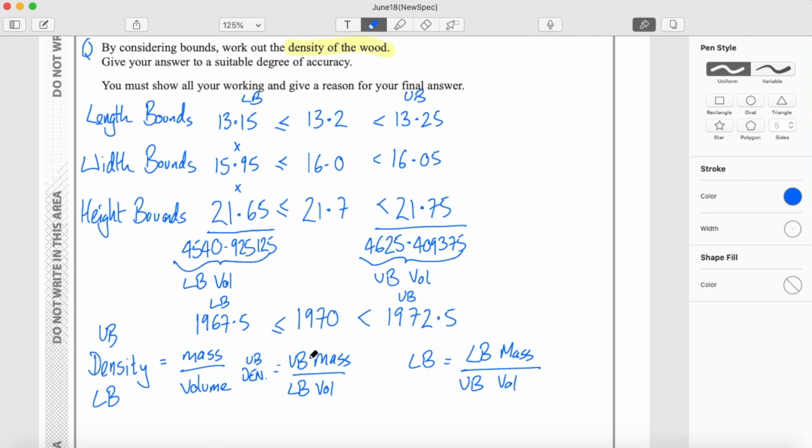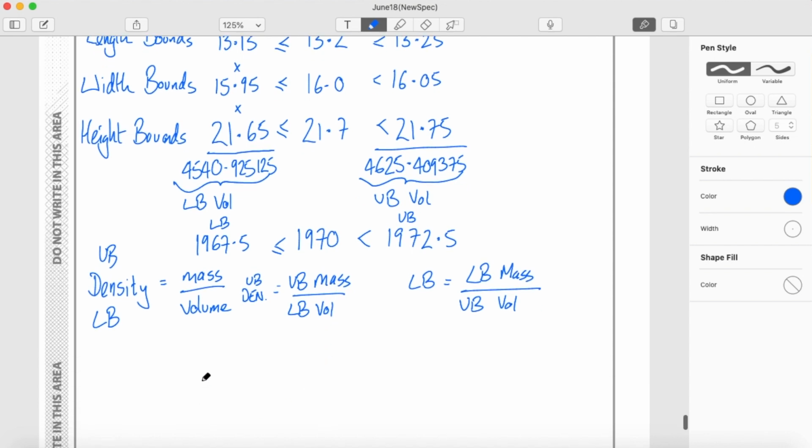The upper bound we had for the mass was 1972.5, and the lower bound we had for the volume was 4540.925125.